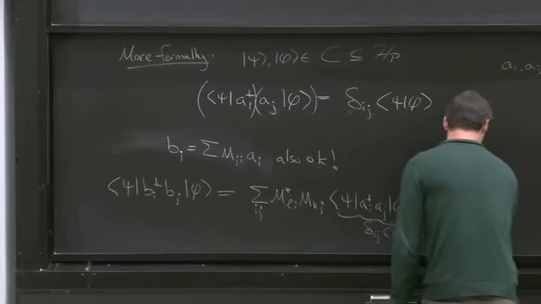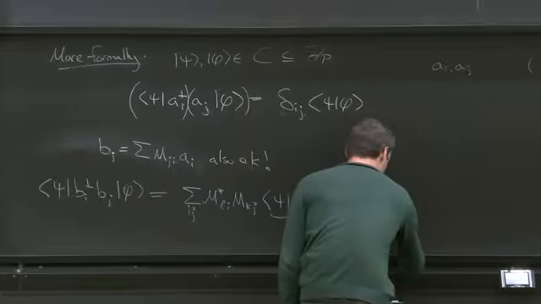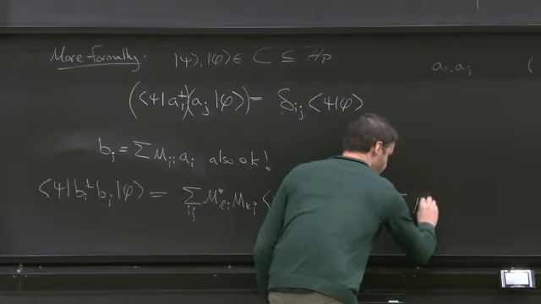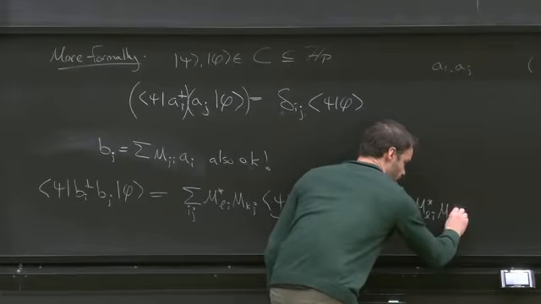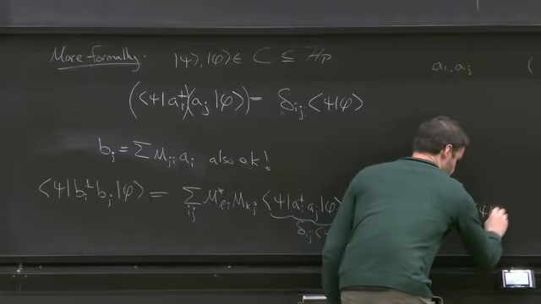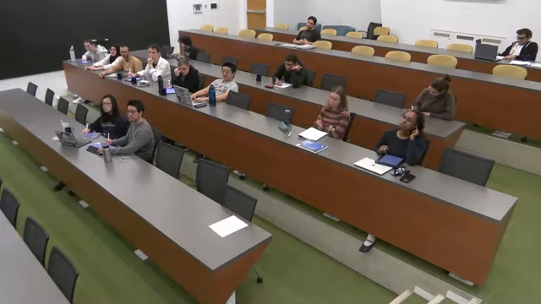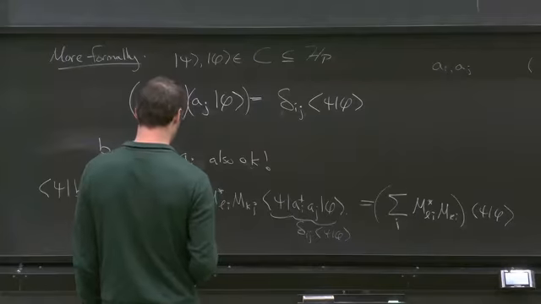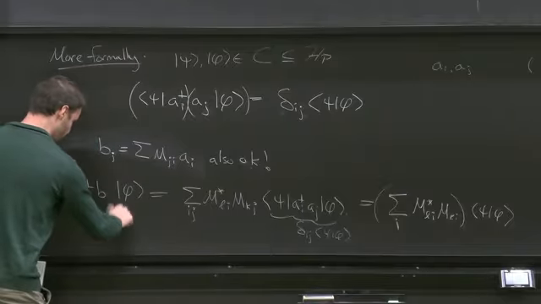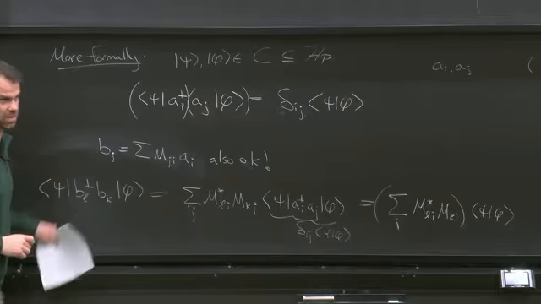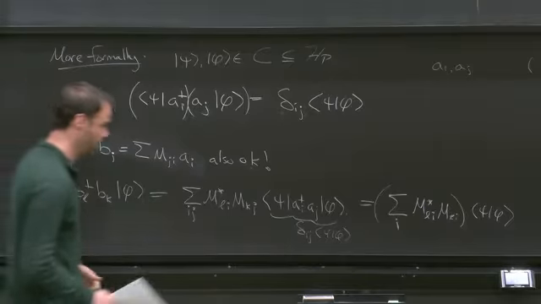So this is equal to, using the delta, I get one sum: the sum over i of M_Li star M_Ki, times psi phi. The sum is over i, not over L K. Sorry, I should have written it that way, but now I've corrected myself.